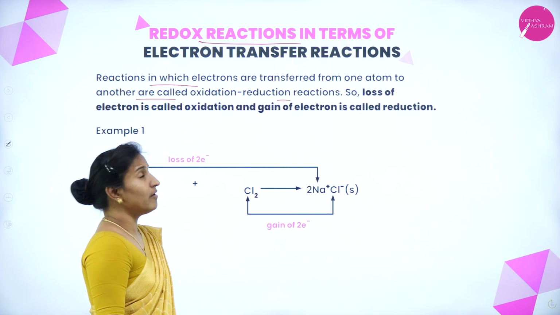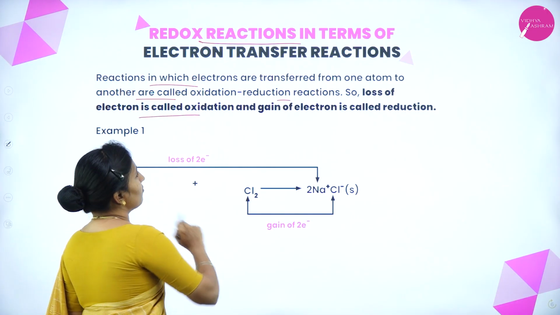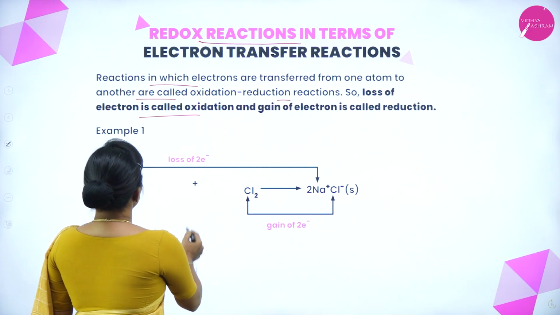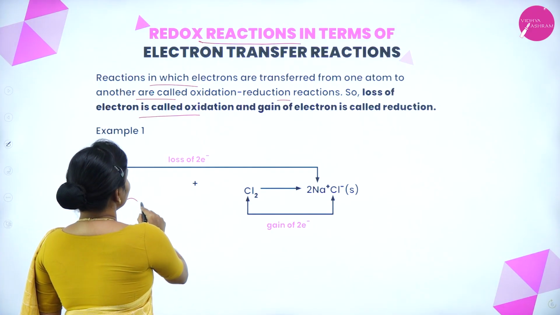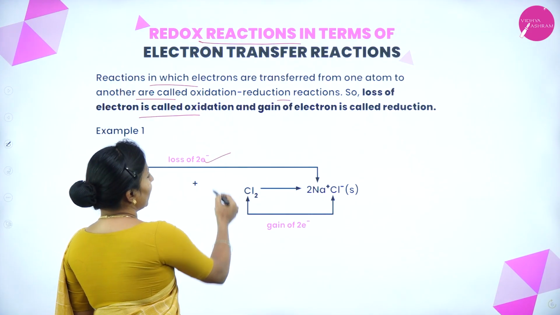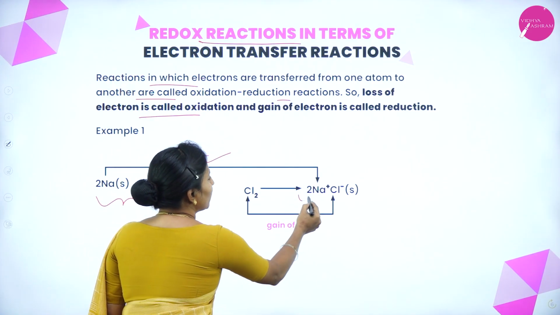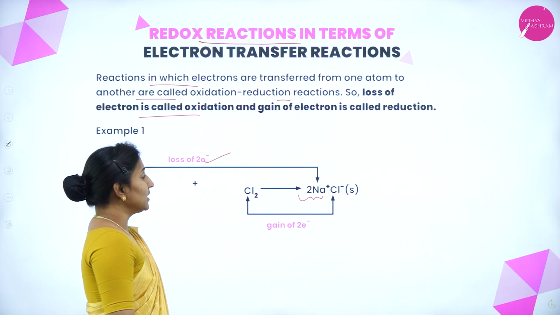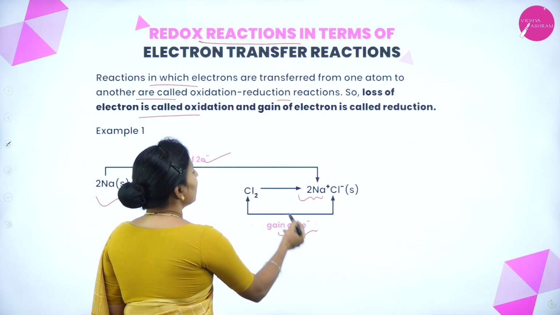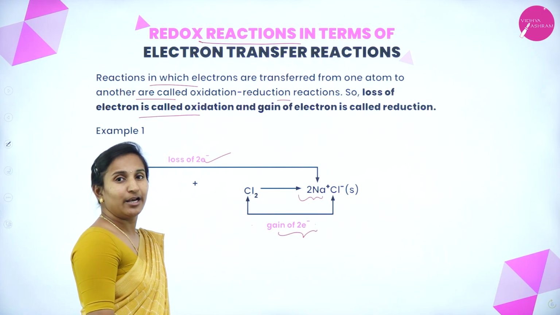So, the loss of electrons is called oxidation and gain of electrons is called reduction. For example, in sodium there is a loss of electrons, we say sodium gets oxidized. In chlorine there is a gain of electrons, the chlorine gets reduced.